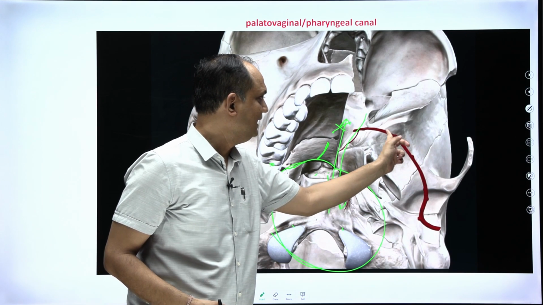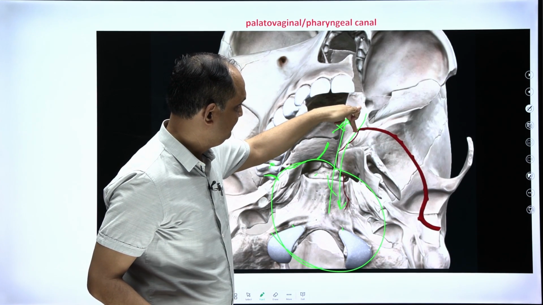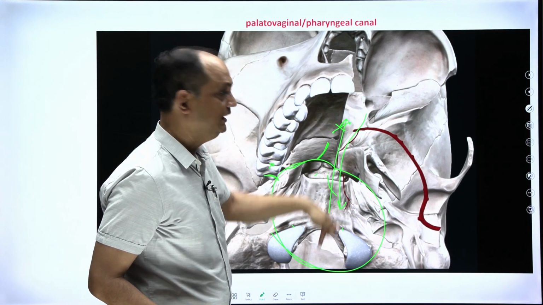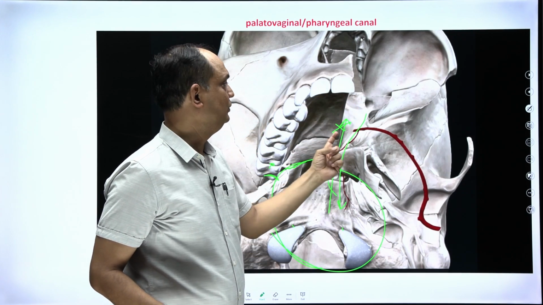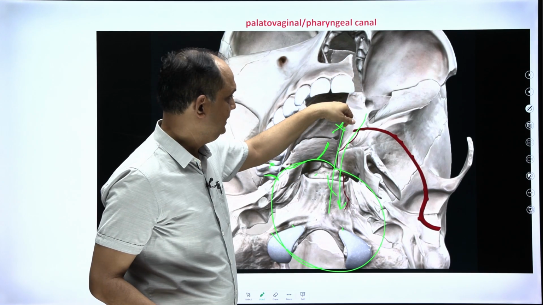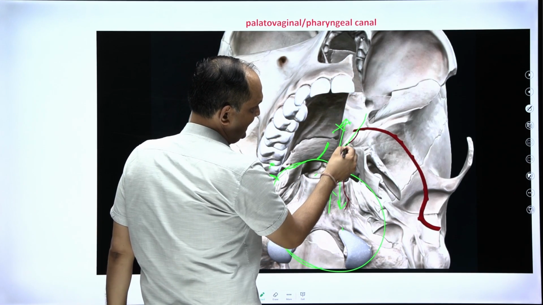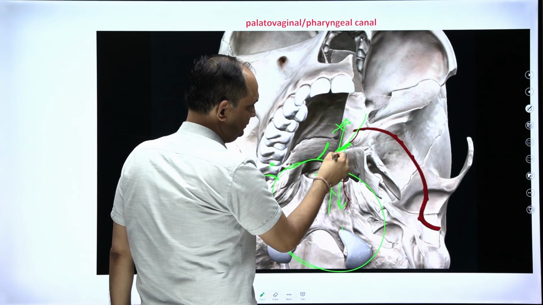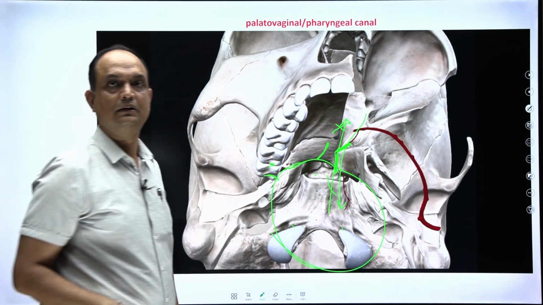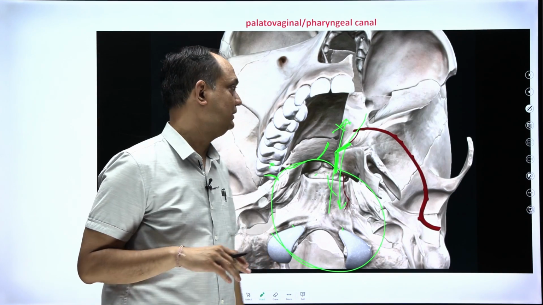The maxillary artery enters into the pterygopalatine fossa, then it gives a branch going posteriorly. So this pharyngeal branch has a posterior course, not an anterior course. In this backward course, it first passes through this gap, known as the palatovaginal canal, and then it enters into the vomerovaginal canal. Clear? So this is the formation of these two canals.